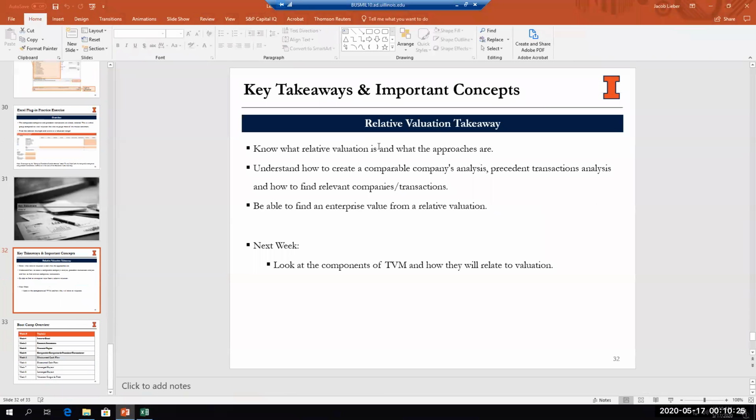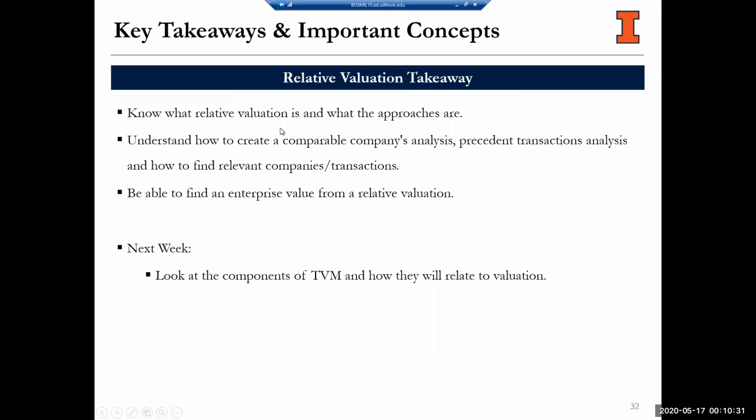A couple key takeaways. 1, as we begin to focus more on valuation, we need to know the difference between relative valuation, where you're basically pricing an asset based on what has happened in precedent transactions or what the market currently believes these assets should be worth.